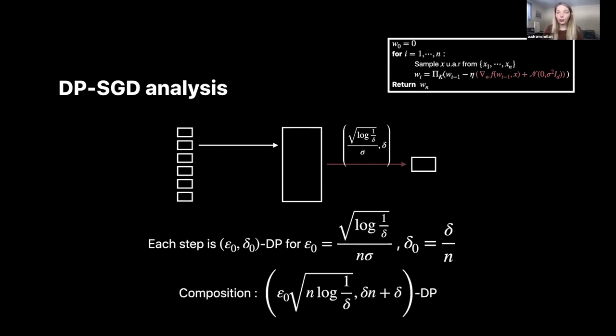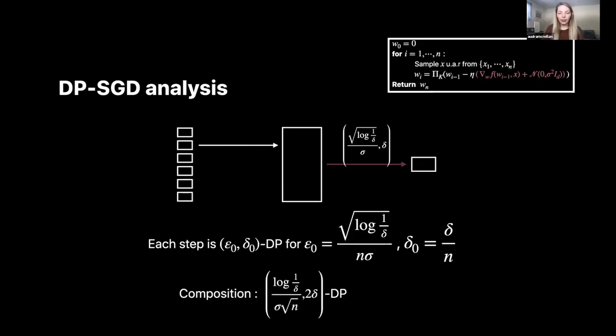And so now I'm going to pull a theorem out of my back pocket, which is the composition of differentially private mechanisms. This is a general theorem, a workhorse of differentially private analysis: if you have n differentially private mechanisms that are all epsilon_0, delta_0 DP, then the composition of them is epsilon_0 square root n log 1 over delta DP, with delta n here as well.